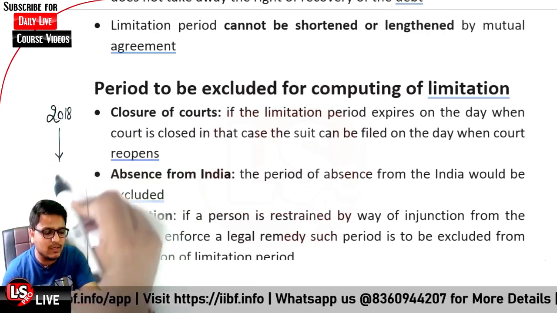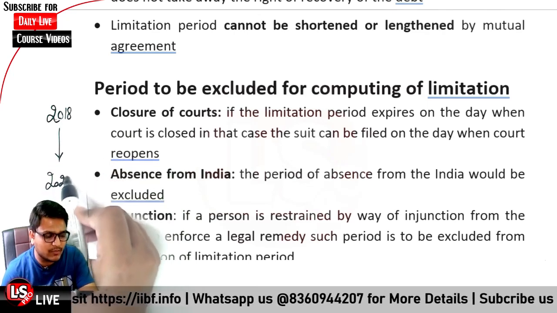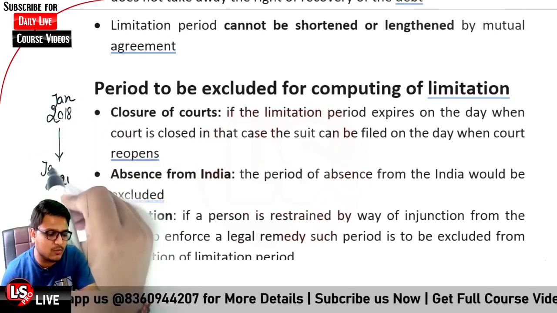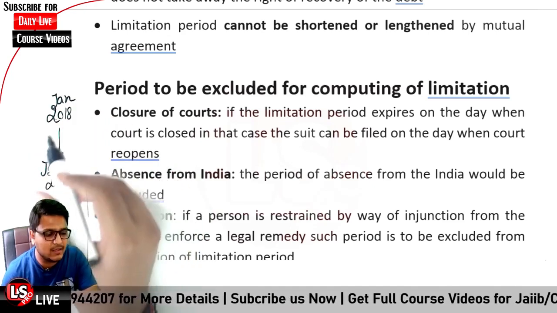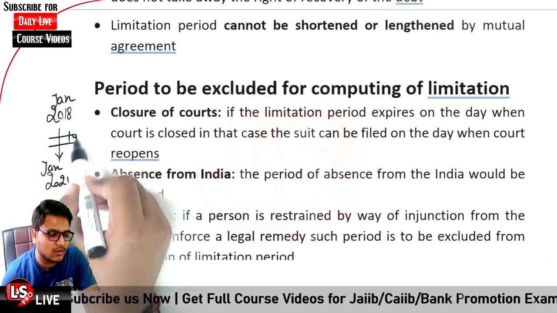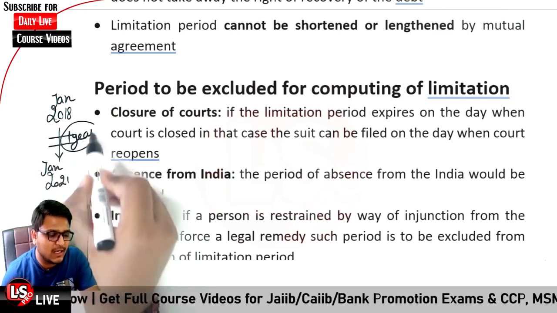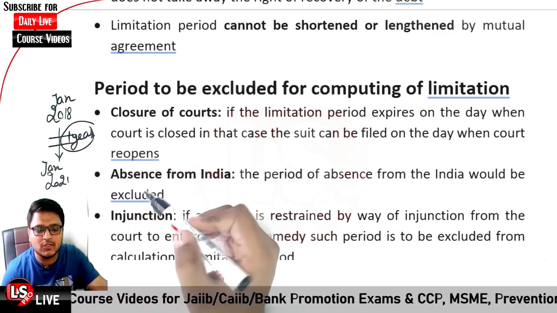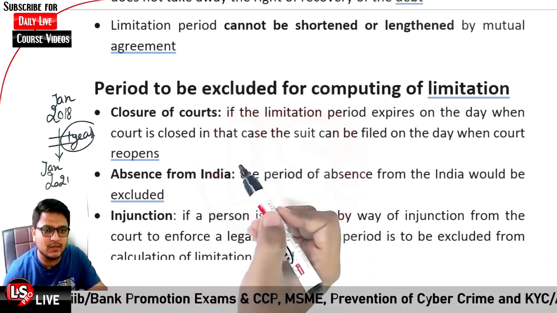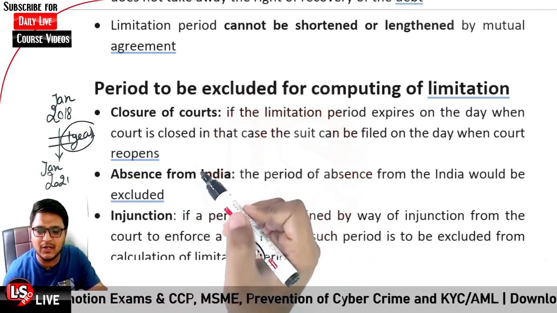So it is available up to 2021. Let us say the case was sanctioned in January and the limitation will be available to January 2021, and the borrower was absent from India for a period of 1 year. In that case, this particular period during which the borrower was absent from India can be excluded, and further the proper documentation in that regard is required.